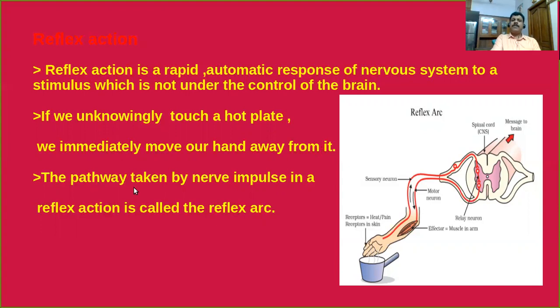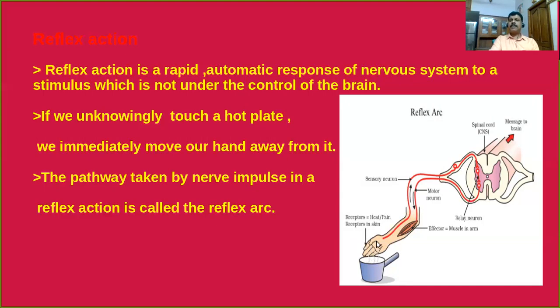The pathway taken by the nerve impulse in a reflex action is called a reflex arc. Dear students, in this diagrammatic representation, you can see the reflex arc. What is the reflex arc? The pathway of nerve impulse in a reflex action. Suppose in this reflex action, the hand unknowingly touches the hot plate. What happened?